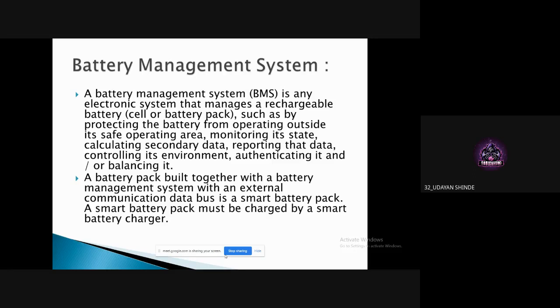A battery pack together with a battery management system with an external communication data bus is a smart battery pack. A smart battery pack must be charged by a smart battery charger.